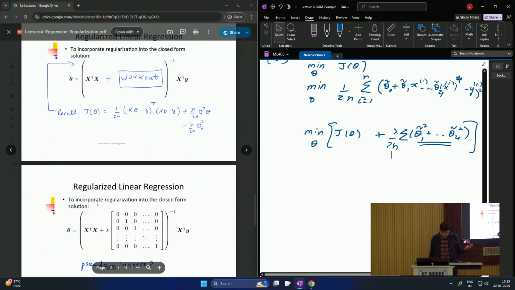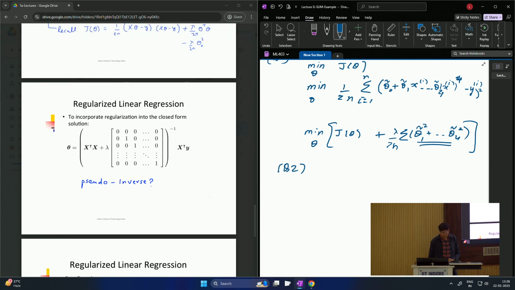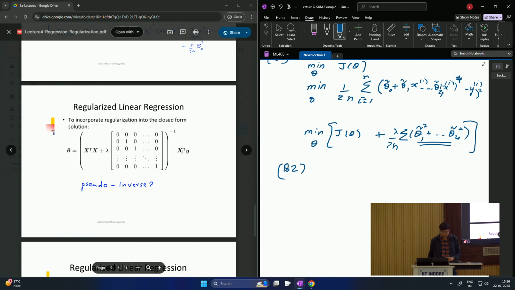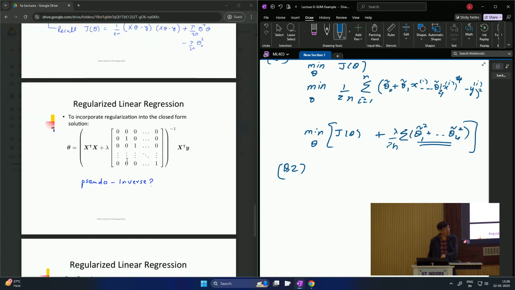Second question which somebody asked and I said, why didn't you ask? I thought I uploaded this. There was a typo yesterday and he pointed it out to me later on. When we were trying to do this closed form solution with the regularization term here, we got this matrix which we are trying to inverse.